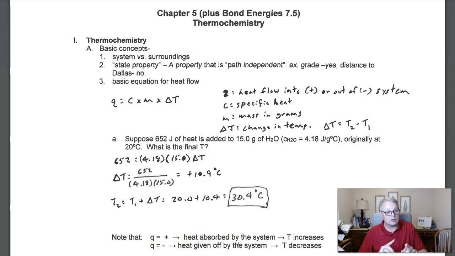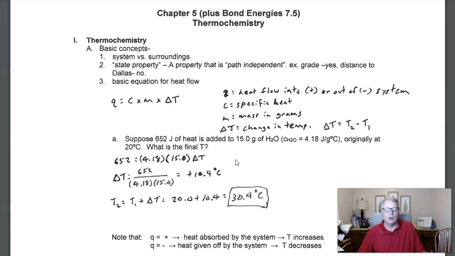That means the molecules have less energy, they're going to slow down, and so therefore my temperature decreases. You know, heat content is a measurement of energy. Temperature is a measure of average molecular motion. So they're not the same, but they correlate. If you add heat, the temperature goes up. If you take away heat, it goes down. All right? Simple enough. Easier than chapter 4, right?